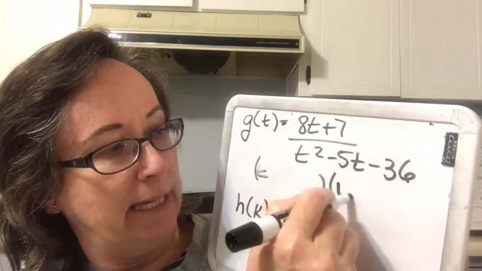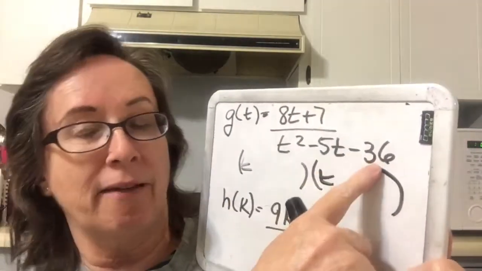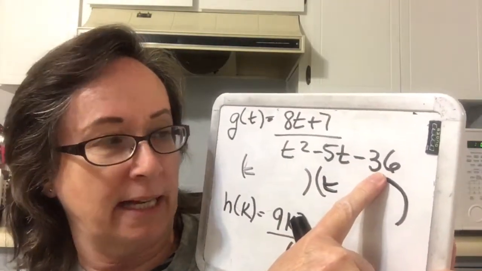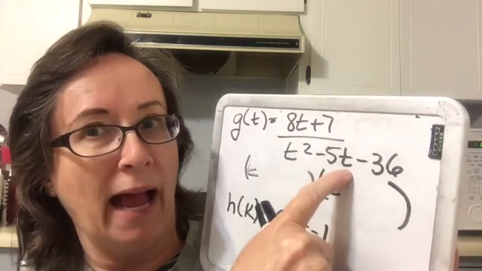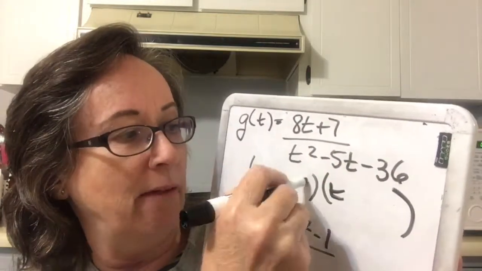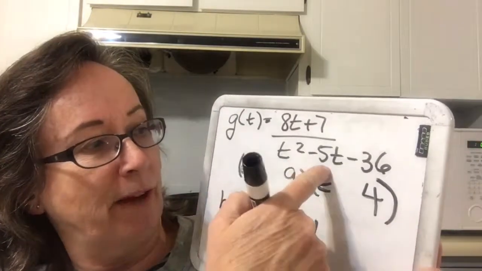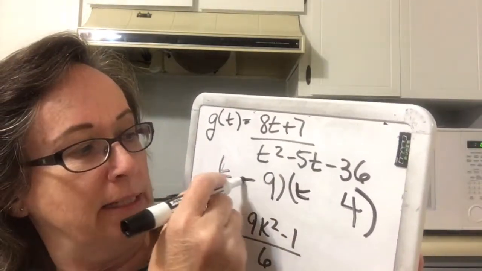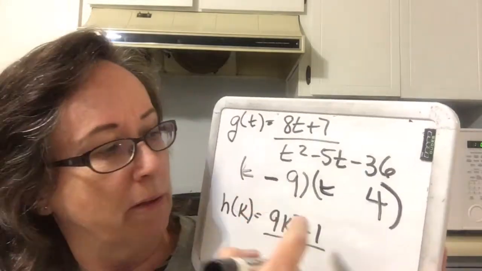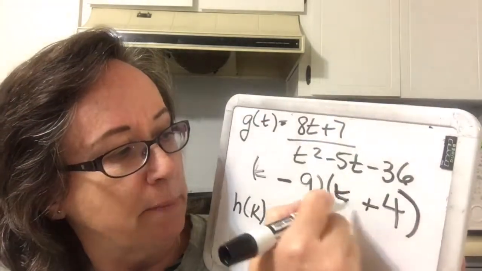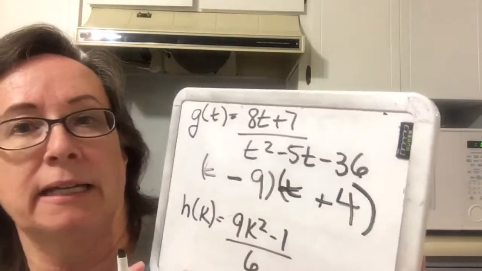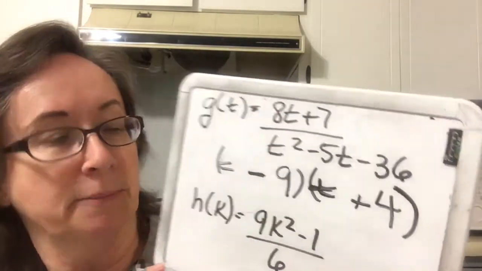It's going to have a t and a t, and I'm thinking of factors of 36 that will subtract to 5, and that would be 9 and 4. So then I have to make sure my negative 5t in the middle means that my greater number will be negative, my smaller number 4 will be positive, and now I have factored.